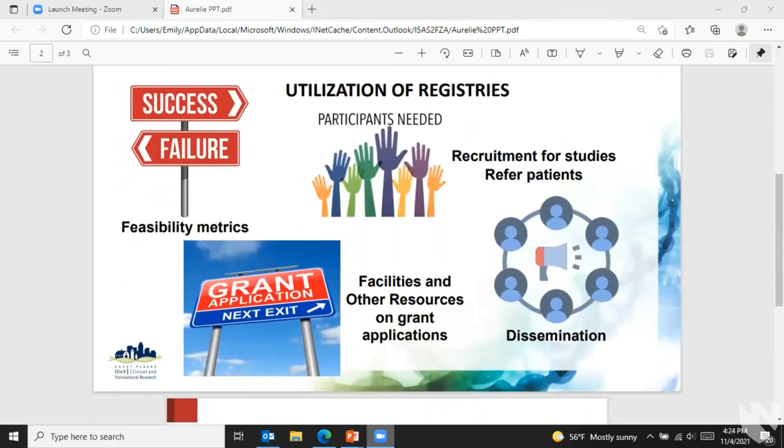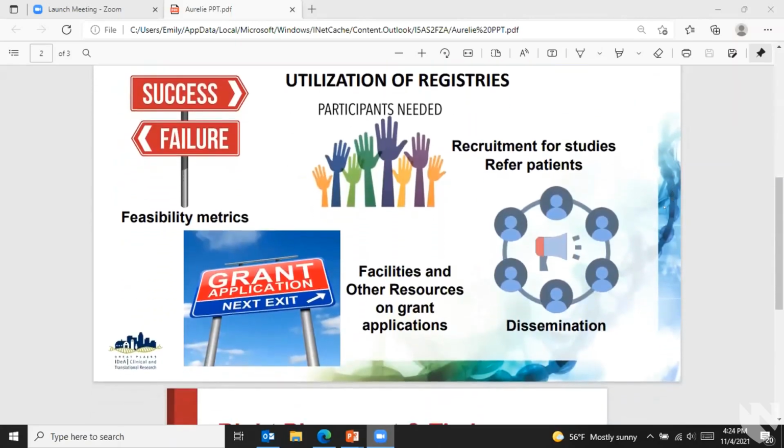I kind of jumped the gun a little bit, but here are a couple ways registries can be very useful to researchers in different capacities. You can use registries for feasibility metrics, whether or not you're capable of recruiting a certain population for a study. This ties into the facilities and other resources section of a grant application, where you have to state resources that you have available to you. You can list our registries as a resource.